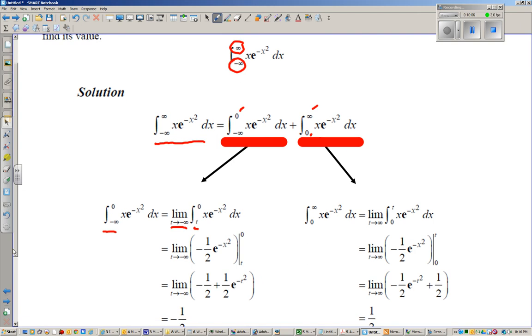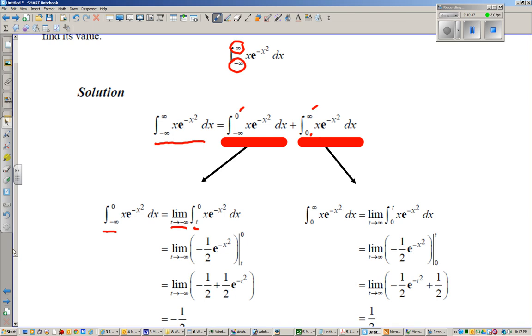Well, I'm going to take that back. I didn't use voodoo. I used a simple substitution. I used u equals negative x squared, and then took the derivative of negative x squared, which would be negative 2u du, and then did the magic. You can check me, but I'm quite sure I did it correctly off to the side.